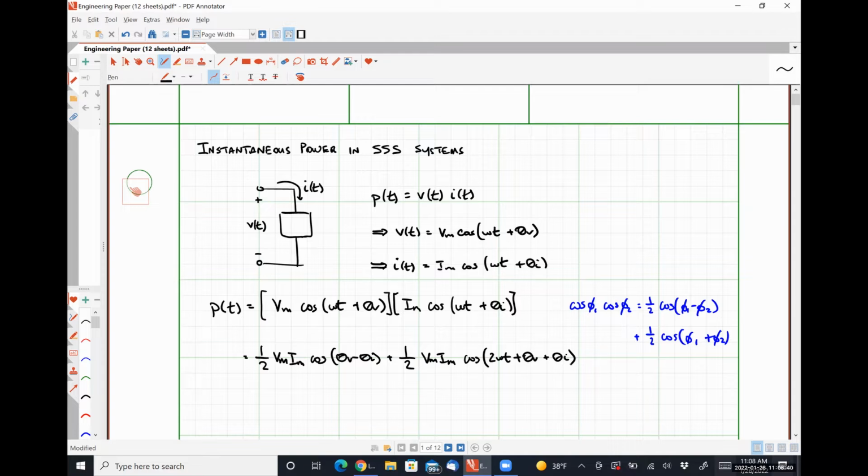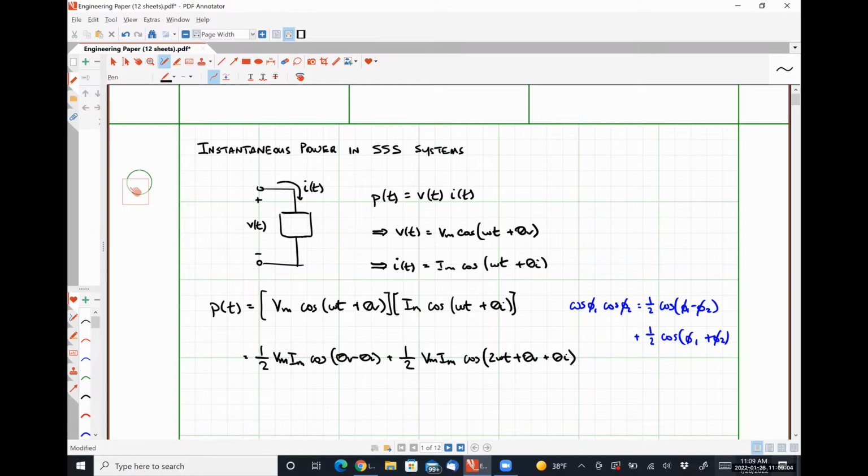This is a time domain quantity because we have a dependence on t here, but it is made up of phasor components, right? So Vm and theta v are the magnitude and phase angle of the phasor voltage drop across our network.